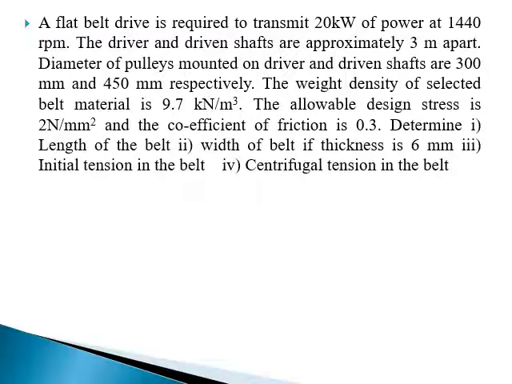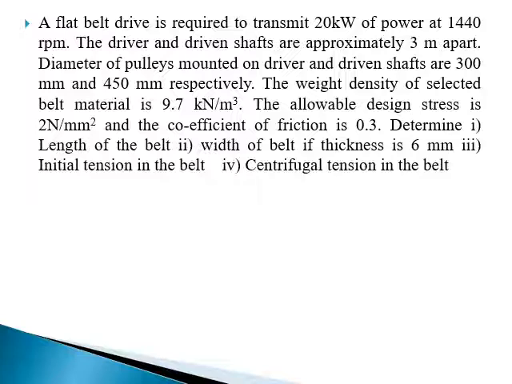Coming to the problem, a flat belt drive is required to transmit 20 kilowatts power at 1440 rpm. The driver and the driven shafts are approximately 3 meters apart. The diameters of the pulleys mounted on the driver and the driven shafts are 300 millimeters and 450 millimeters respectively.